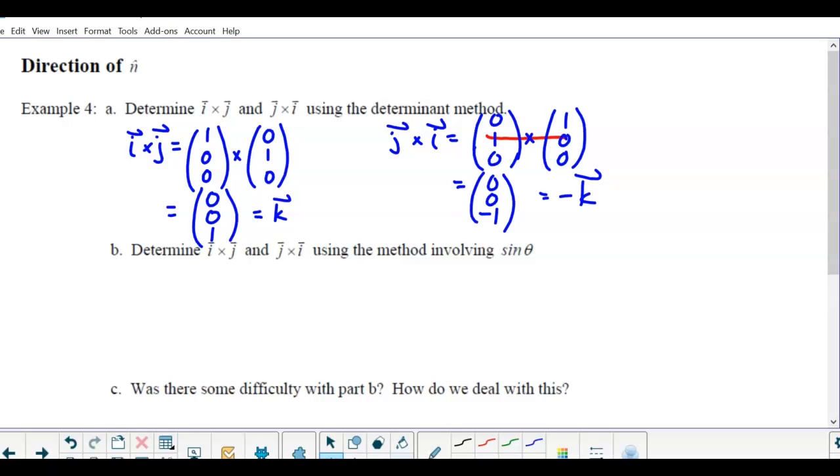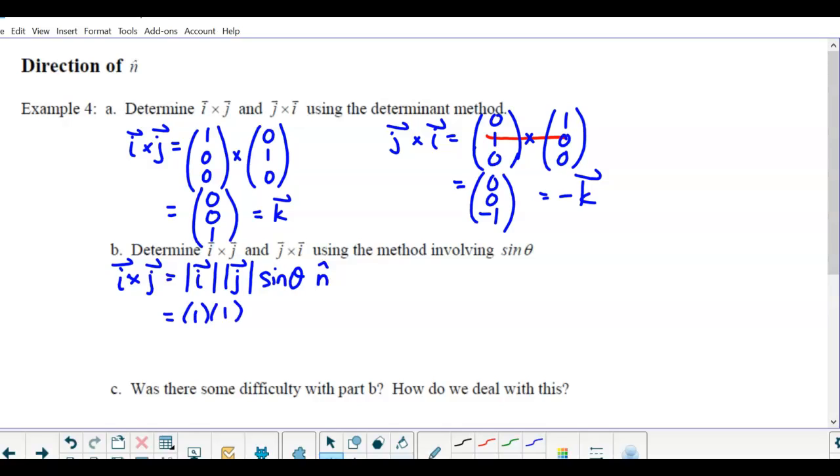So if you look back to the chart, the general summary table, it says determine these using the method involving sine theta. So that was saying, okay, I cross J equals the magnitude of I and J is 1, so 1 times 1.